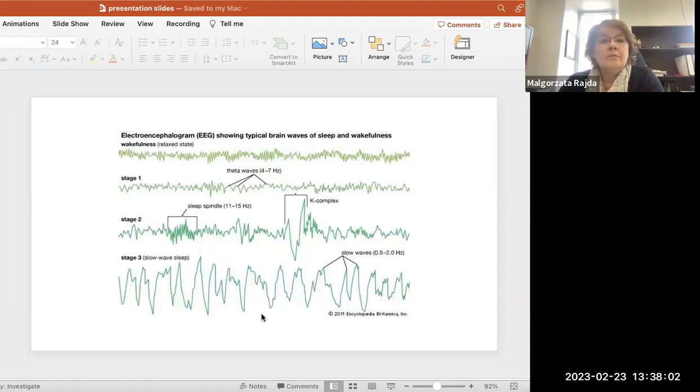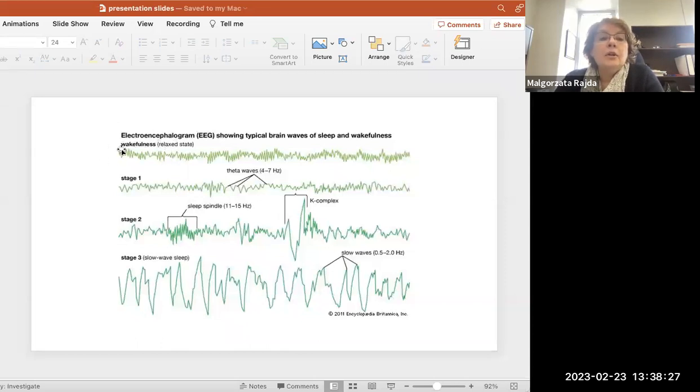So, sleep physiology. We distinguish different types of brain activity, both during wakefulness and during sleep. And the best way to characterize them is by describing the different types of electrical activity in the brain. You will see, can you see my pointer?